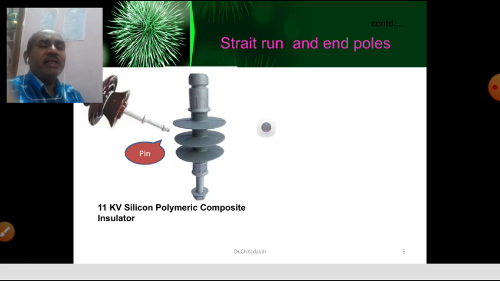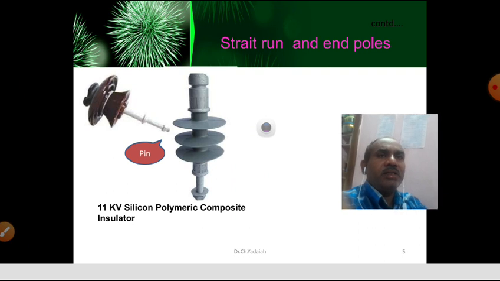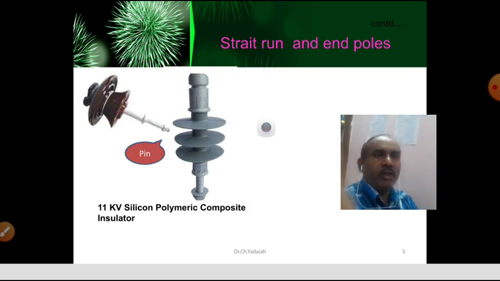Now once again, in 11 kV, you can see the materials practically at a glance. The first is the porcelain pin insulator, which has two petticoats. In case of the LT, there is only a single petticoat. It has porcelain insulator and also the metal pin.